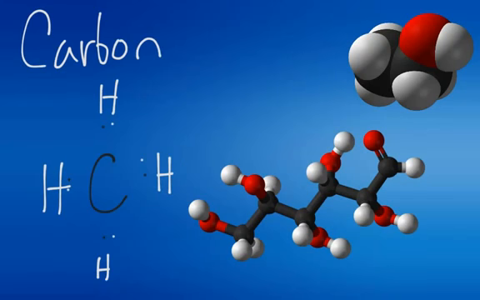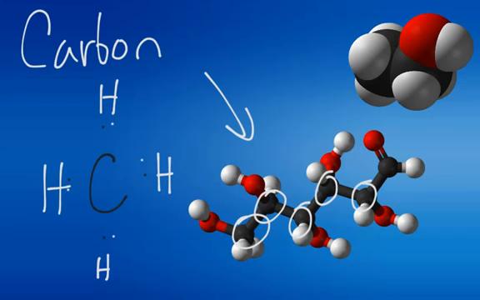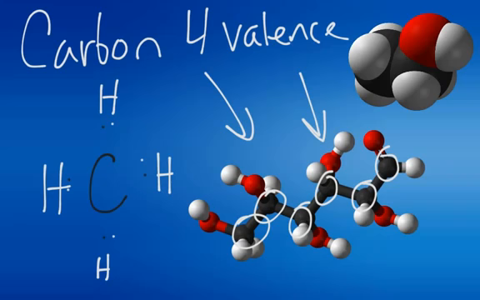To form large molecules like this glucose that we see here, so we've got several carbons that are bonded to one another and that are also bonded to other functional groups, and that is the reason why carbon is the backbone of organic molecules and really the most essential element in terms of molecules that constitute life. And it is because of the 4 valence electrons that it has.